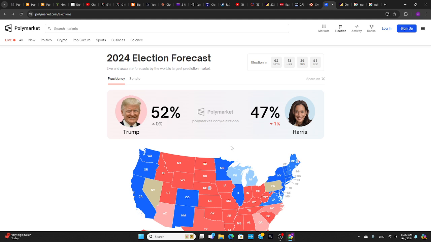Now this is not like a poll, so this isn't like the percent of the... It's not Trump winning 52 to 47, but what this is, is that 52% of the people that bet on this site think that Trump will win, and 47% of the people that bet on this site think that Harris will win. So this is another bit of information.